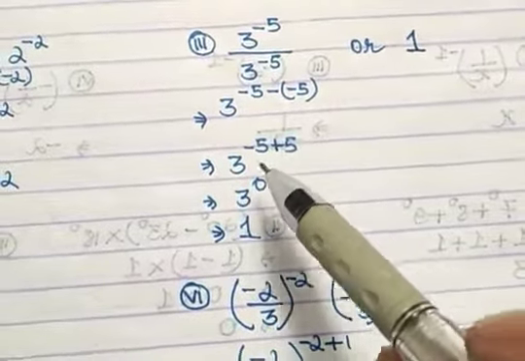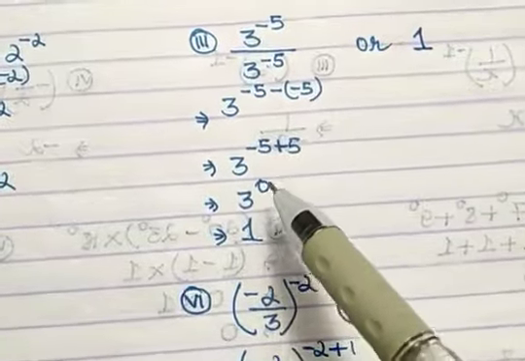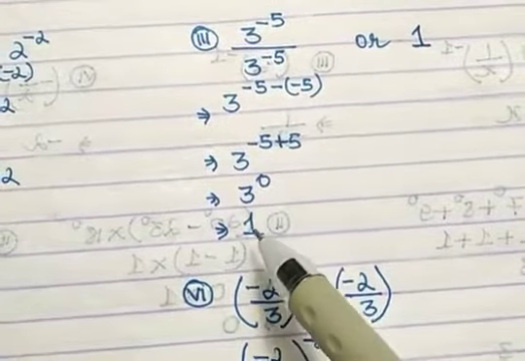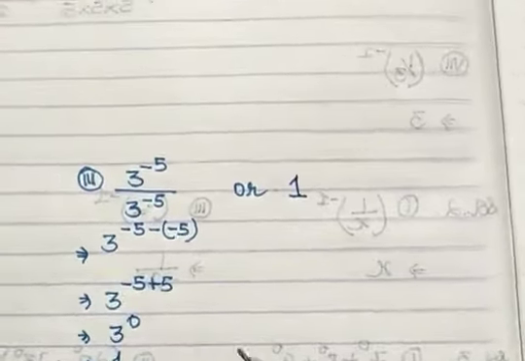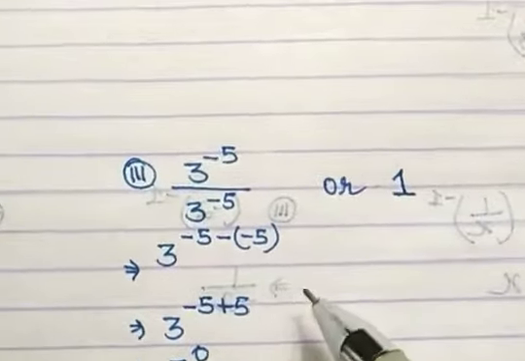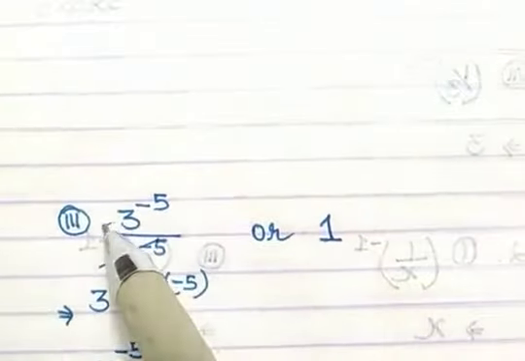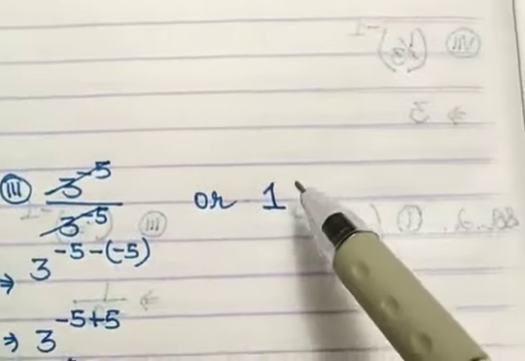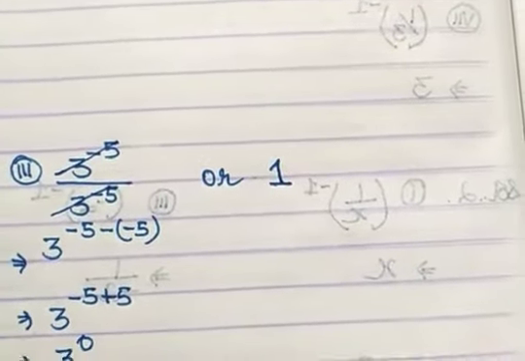Since the terms are the same, plus 5 and minus 5, if you subtract it you will get 0, isn't it? So 3 to the power 0, anything to the power 0 is 1, so 1 it is. Or you can simply see, no need to think much, simply 3 to the power minus 5, numerator and denominator, these two got cancelled, answer is 1. As simple as that, isn't it?